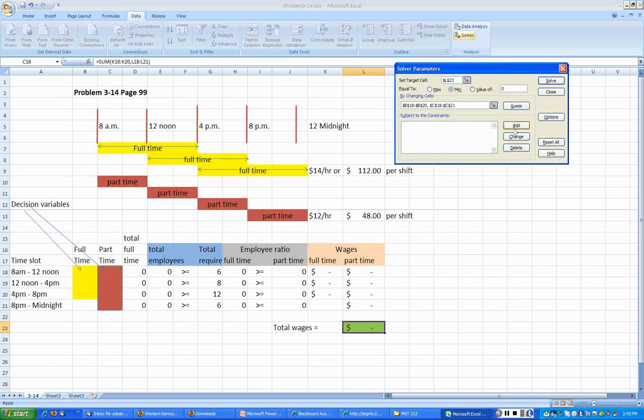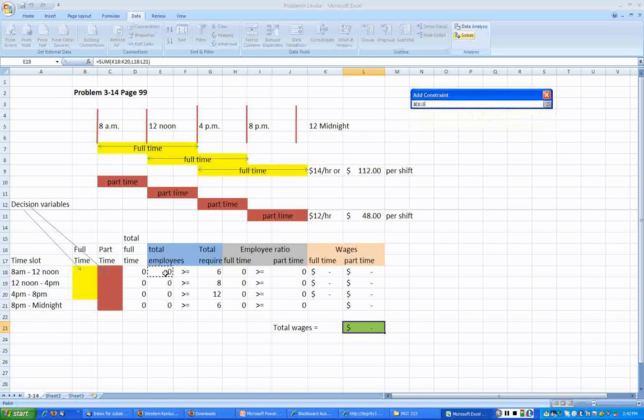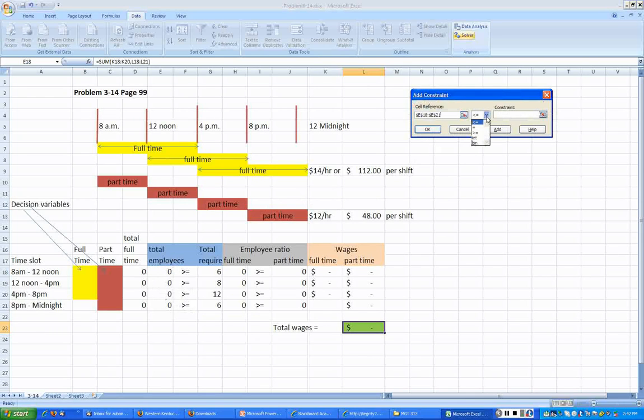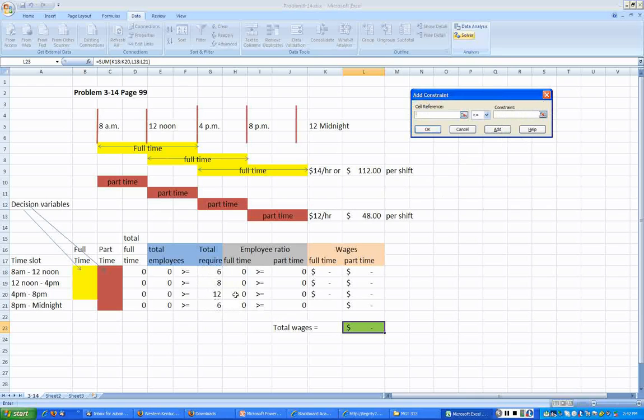Subject to constraints, add the constraint that the total number of employees should be greater than or equal to the required. Add the stipulation that we have at least 2 full-time employees for each part-time employee.